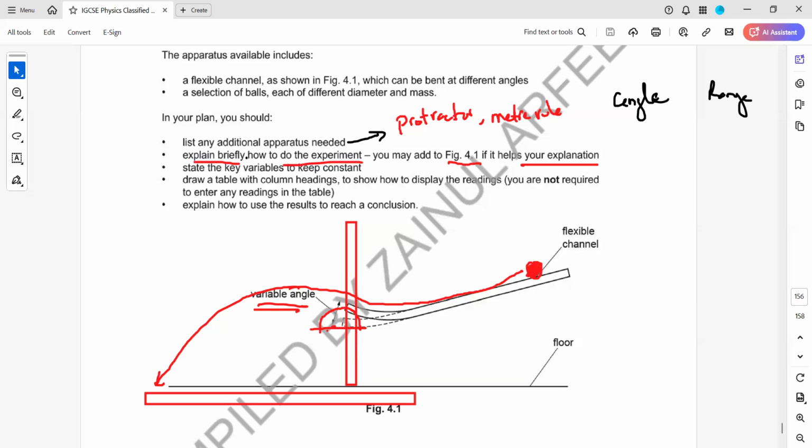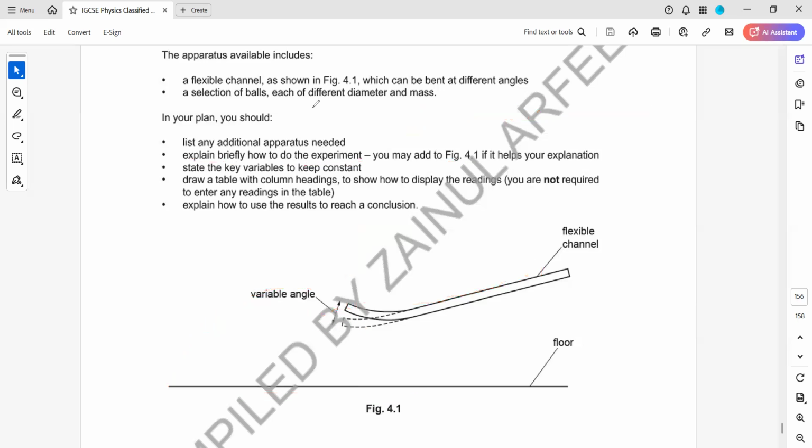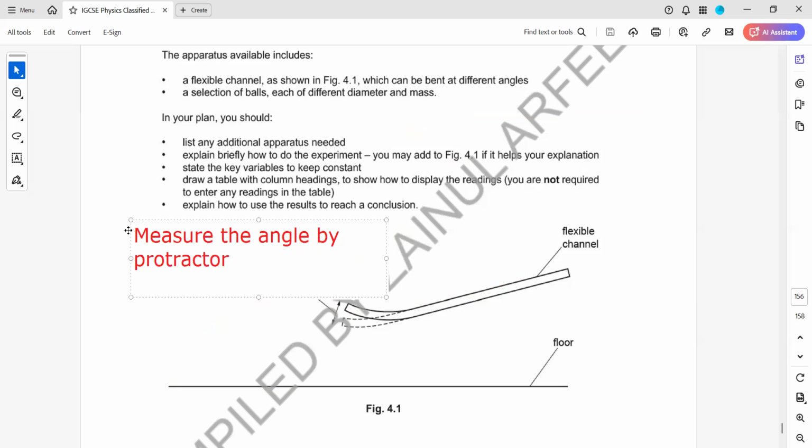So how to carry out this experiment? We'll measure the initial angle by protractor. Then what will we do? We will release the ball.